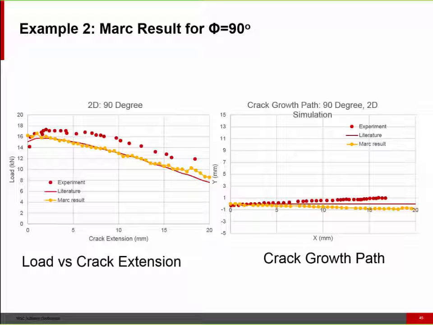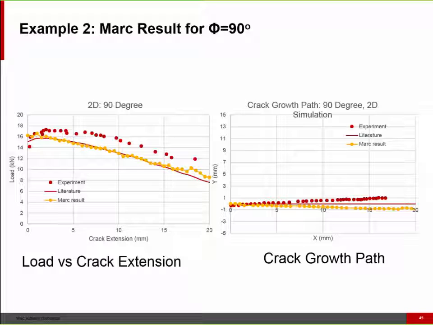By the way, the figures on the left-hand side show the force versus crack extension, and the figures on the right-hand side show the crack growth path. The Marc results are shown in orange color. The other simulation result is shown with a red line, and the experiment data is shown with red dots.